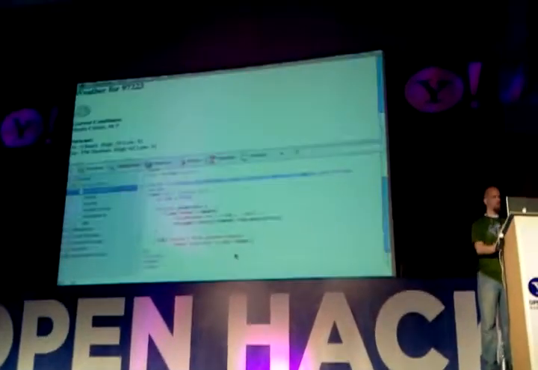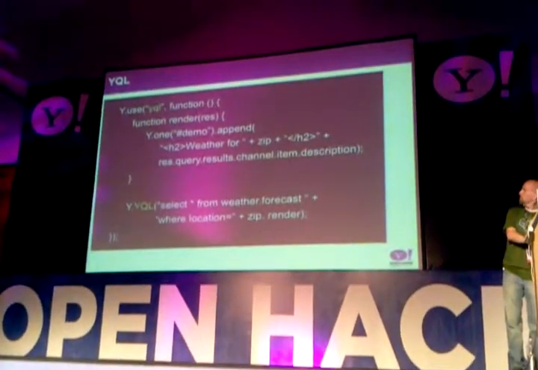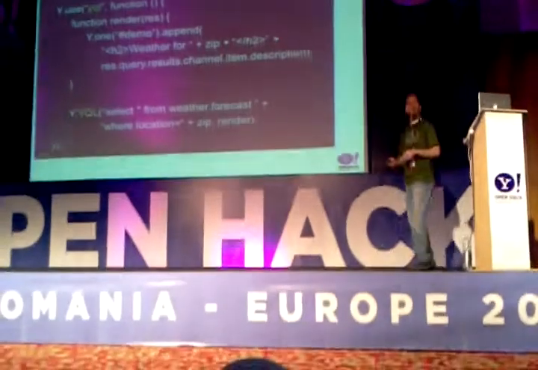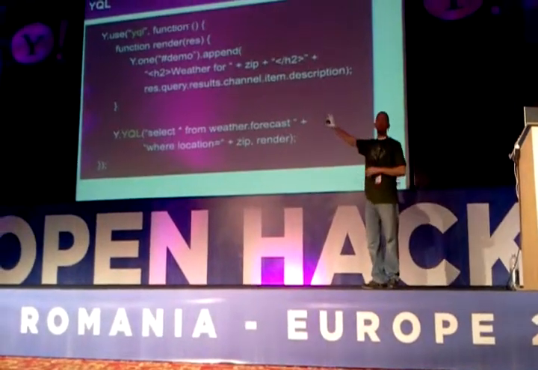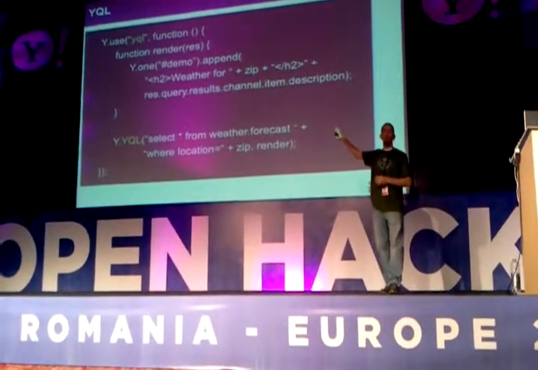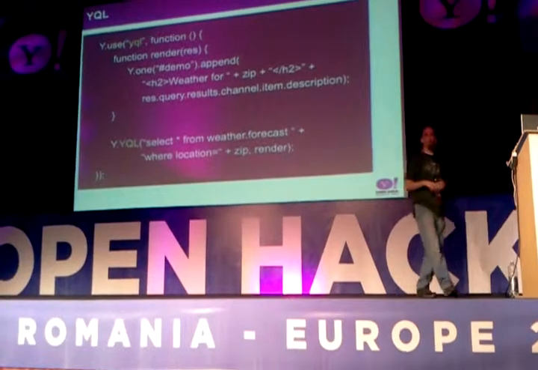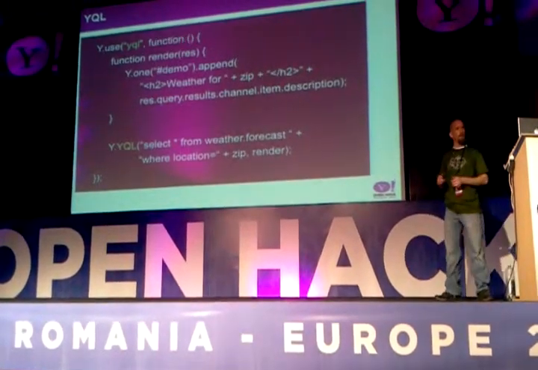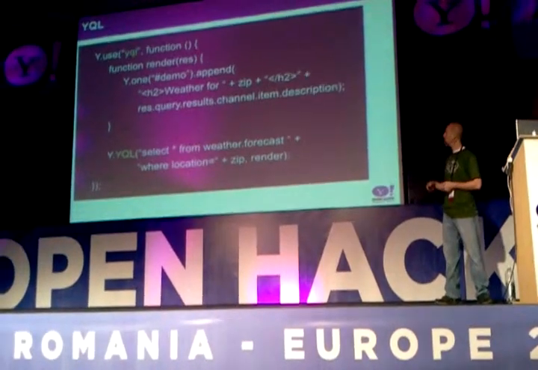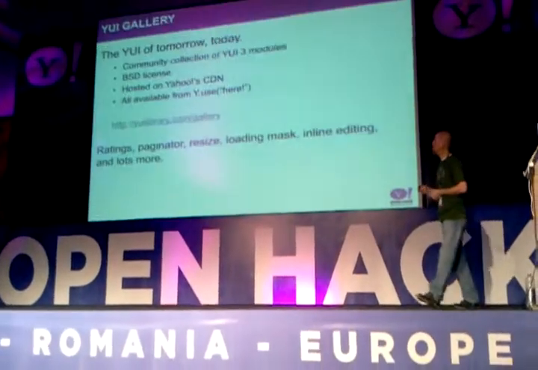Let's go back. All right, good. So then, that's all you need to do to interact with YQL from the JavaScript thing, if you want to do it that way. So again, use is where you do that.